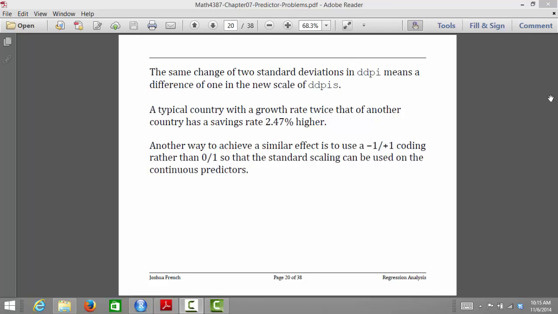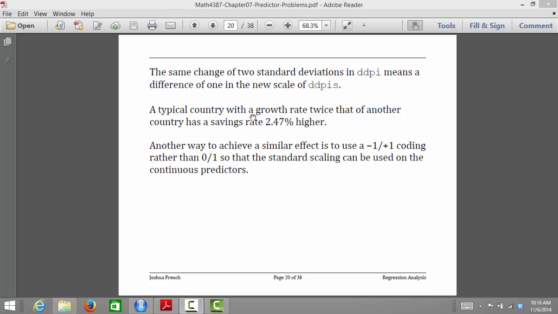So how would we interpret this? If we're looking at a typical country, and the growth rate of one was 2 standard deviations more than another one, its savings rate would be about 2.47% higher. So this is now in terms of standard deviations, not just absolute raw numbers, and trying to interpret these numbers gets a little tricky.